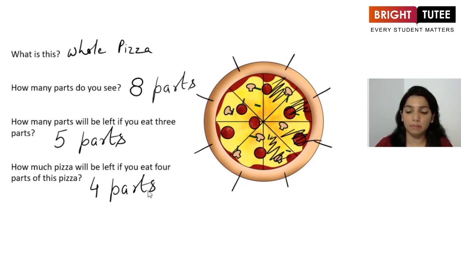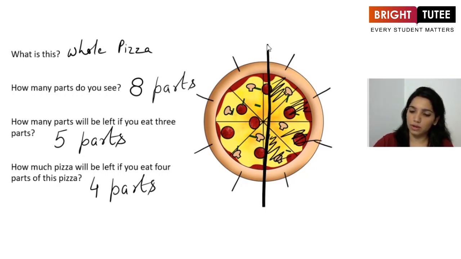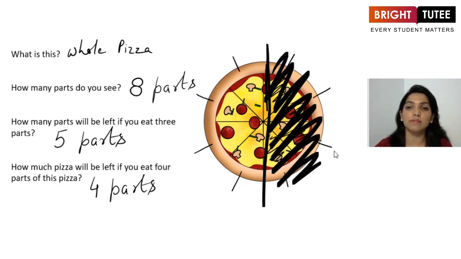Now look at the image in front of you. If you have had all this part, everything on this side, what do you see on the other side? Do you see exactly half of the pizza?